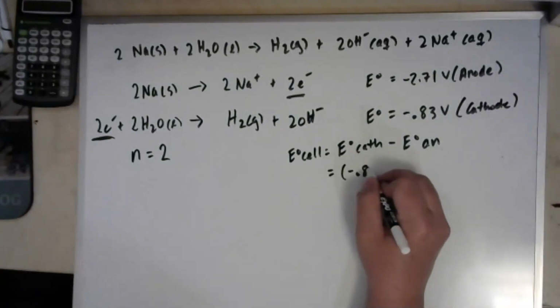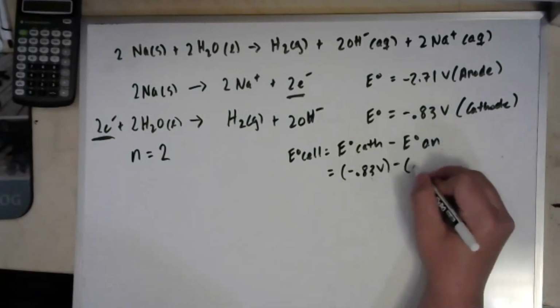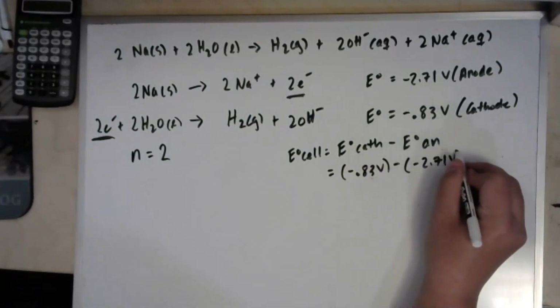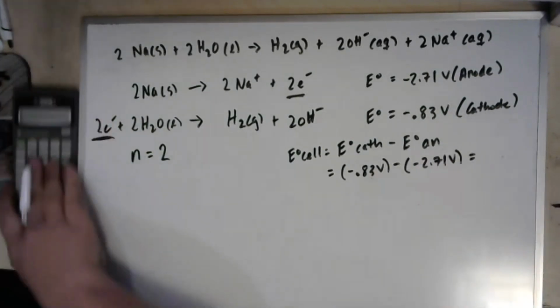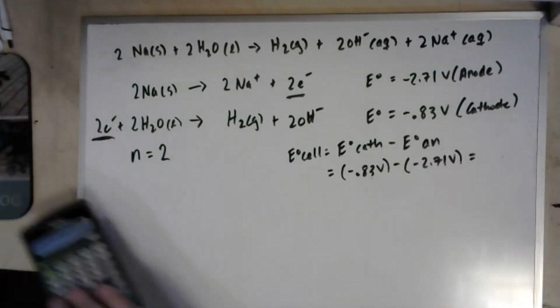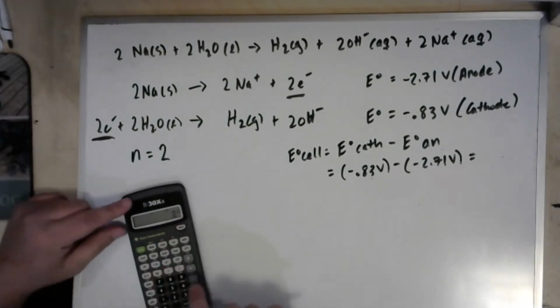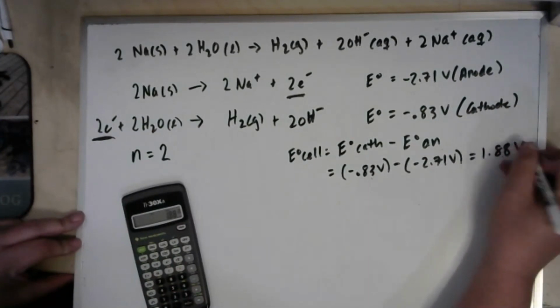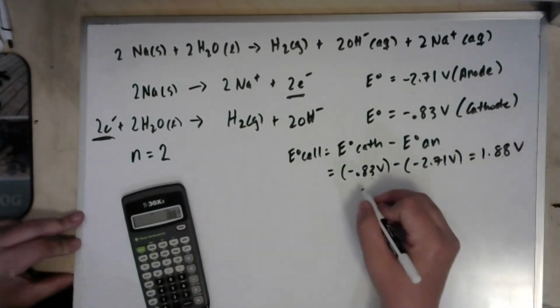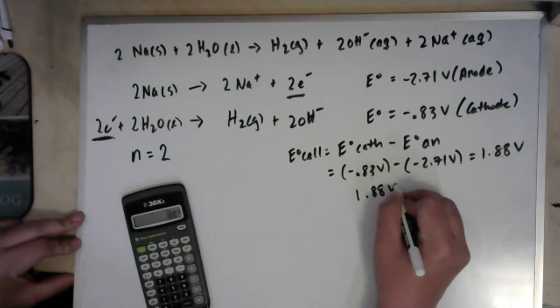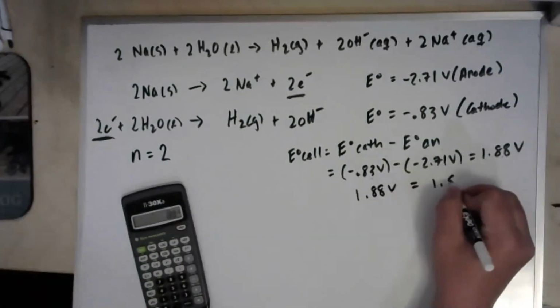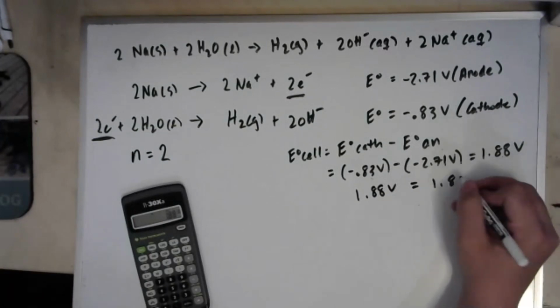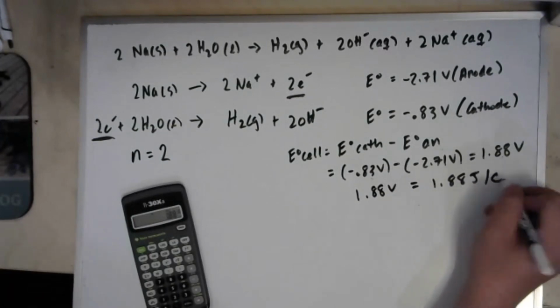So we have negative 0.83 volts minus negative 2.71 volts. It's going to be 1.88 volts. It's already looking better than last time. And 1.88 volts is going to be 1.88 joules per coulomb.